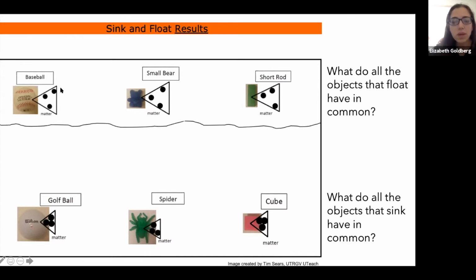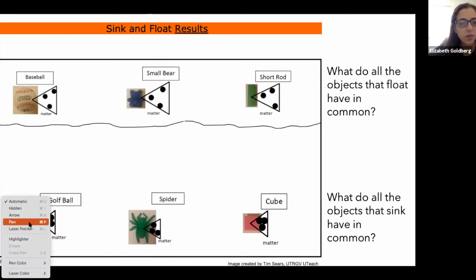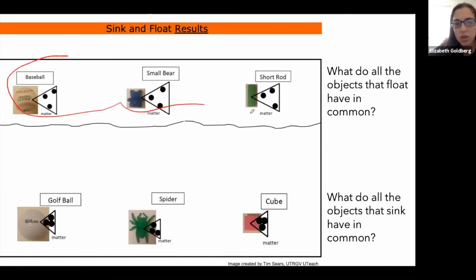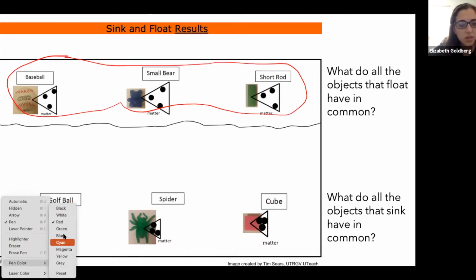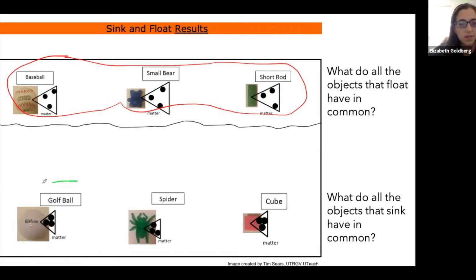The results map basically shows you which objects float and which objects sank. I could annotate this with the Zoom annotate feature, but I also made this into a PowerPoint. So I can also just use the PowerPoint and I can circle all the objects that float, my beautiful circling there. And I can also circle all of the objects that sank. There we go.